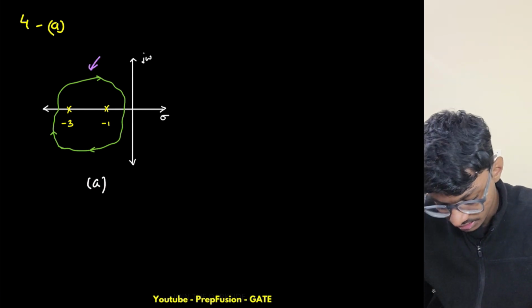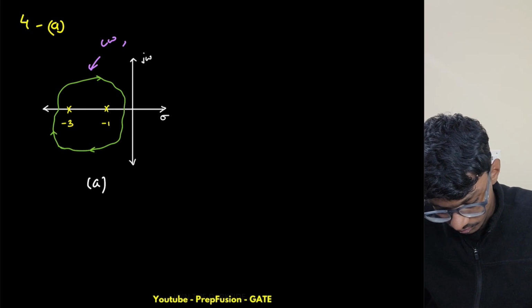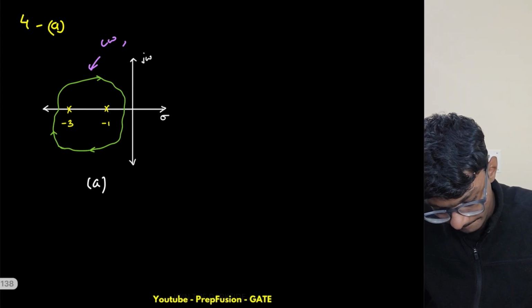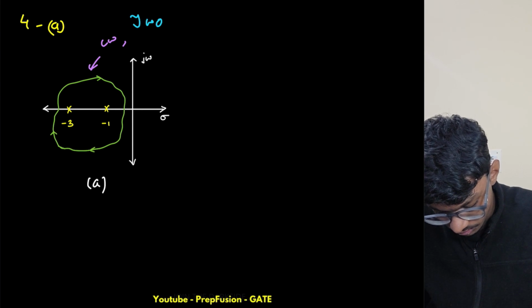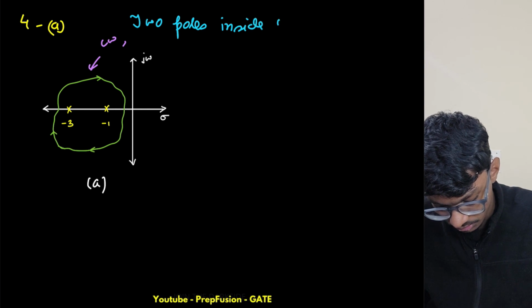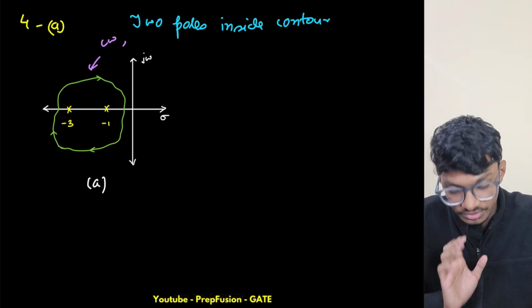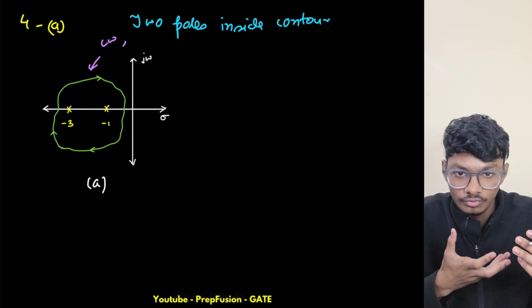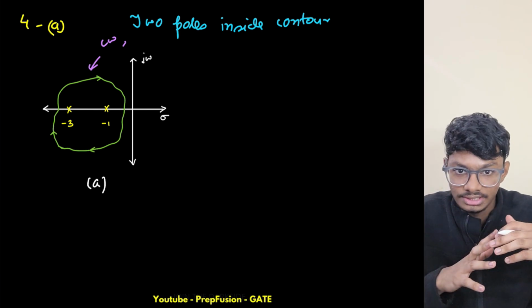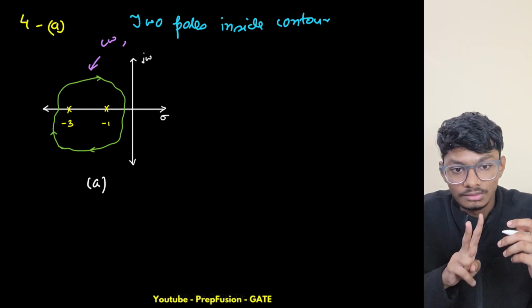So the direction is in the clockwise direction, and I have two poles inside the contour, right? So due to these poles, obviously I will get a contour which will have opposite direction, and I will have two encirclements about the origin.